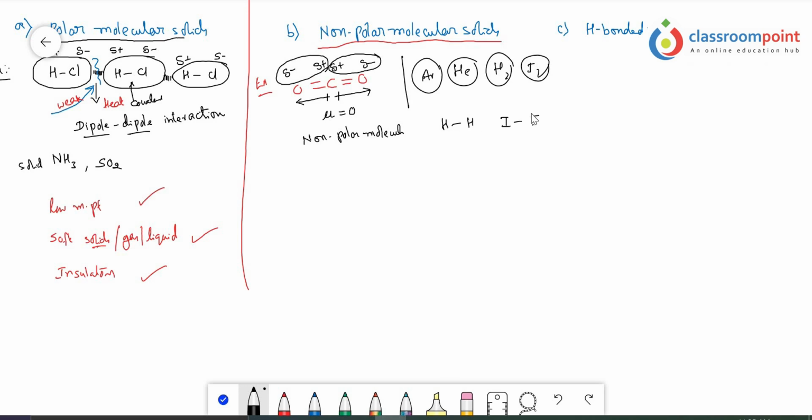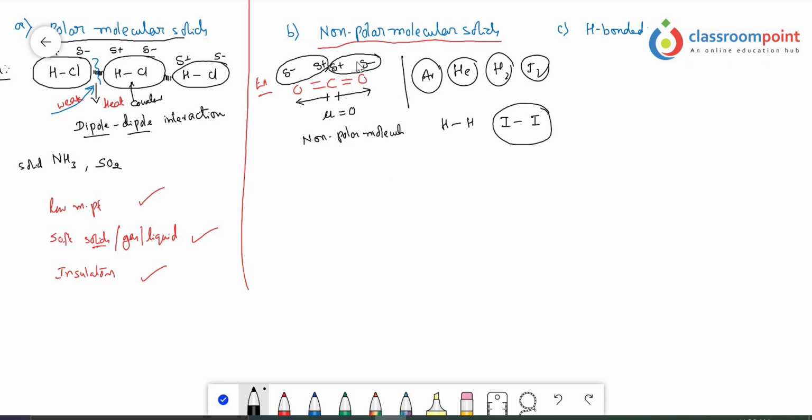Similarly, in iodine also, there is a bond between identical atoms, so it is a non-polar molecule. So if any bond is between the same atoms, such a bond does not have any dipole moment, so such a bond is called a non-polar bond, and those molecules are called non-polar molecules. So iodine is a molecule that comes under the category of the non-polar molecular solid.